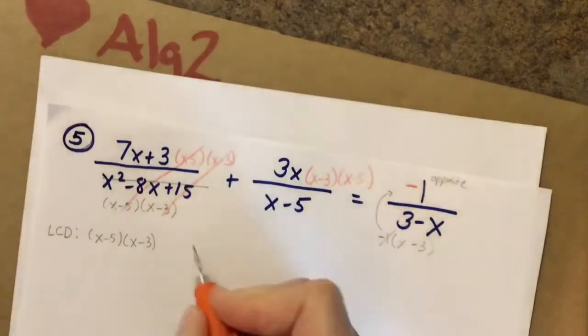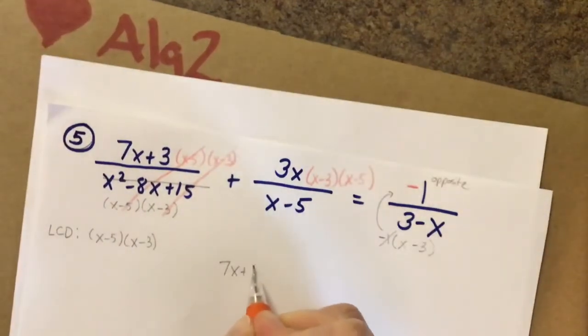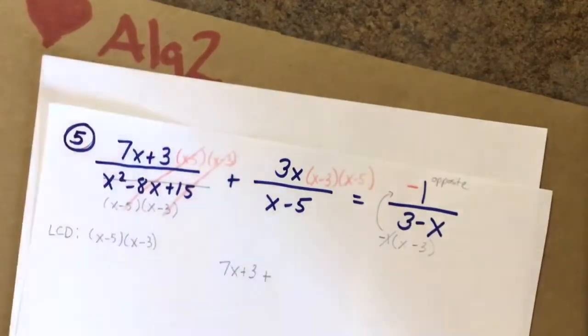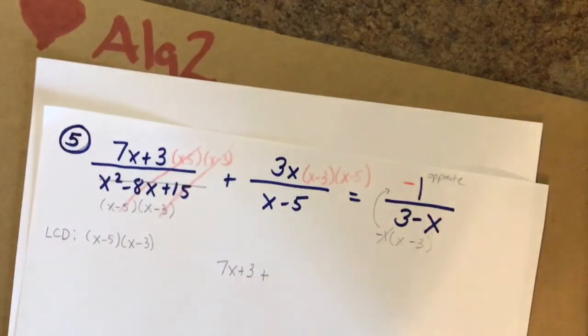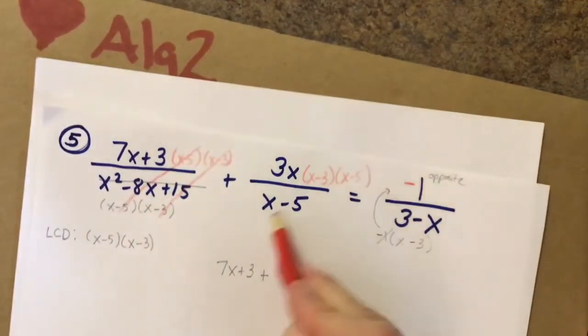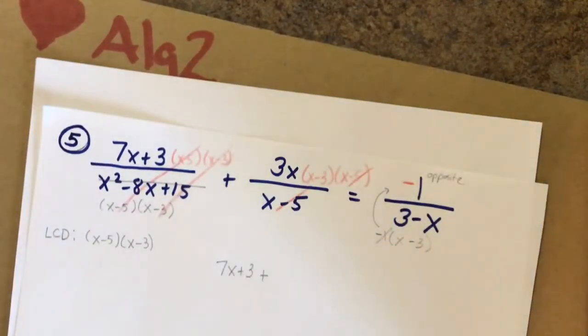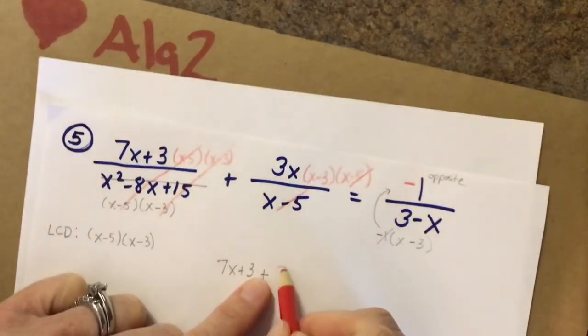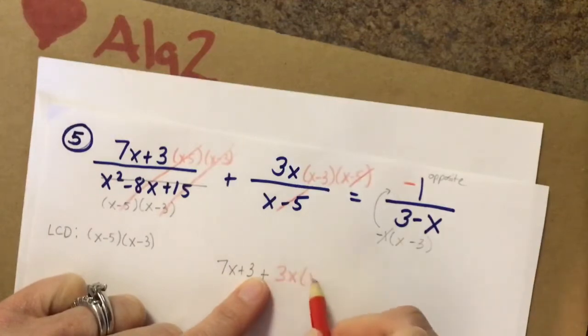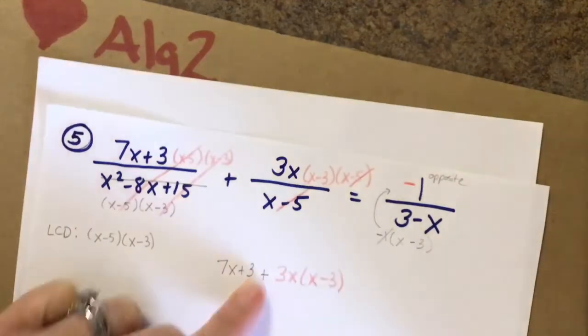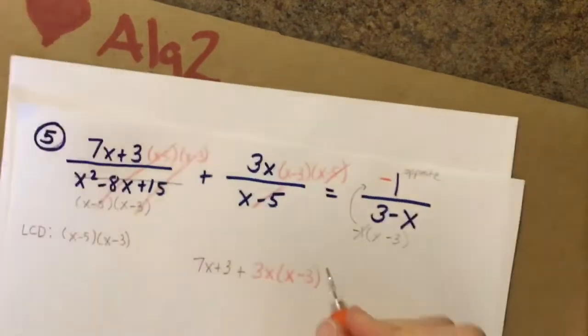Okay? And you get 7x plus 3 plus. Why did I write the x minus 5 second? Well, because that's going to cancel. And then I'm going to bring down plus 3x times x minus 3. And what's left here?